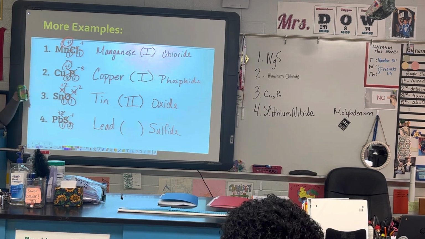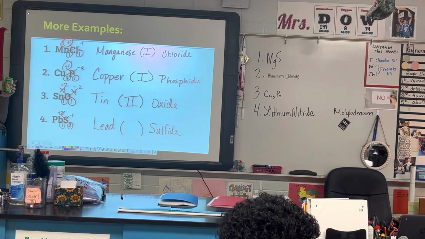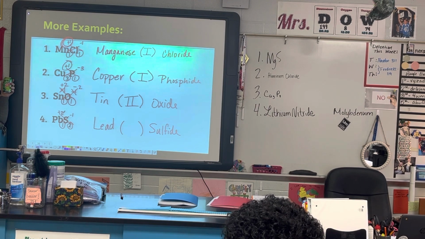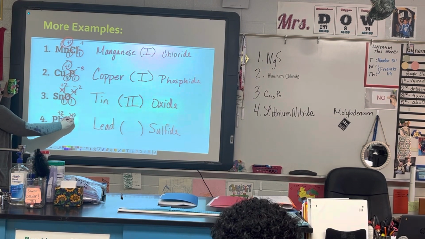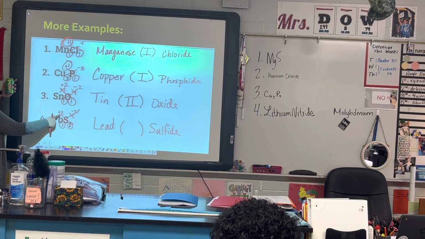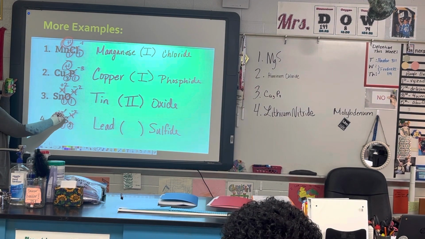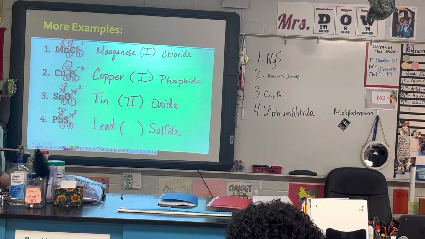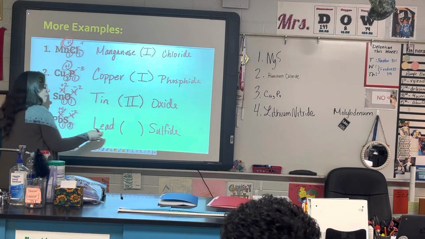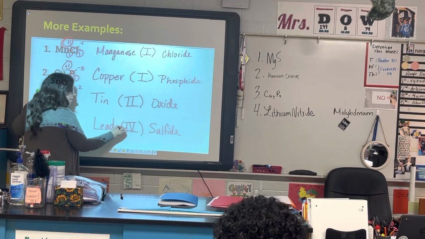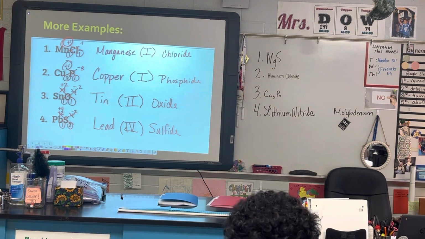Is sulfur a -1? Nope, what's its charge? -2. So if I double this one, what do I have to do to this one? Double it, and what's it become? 4. So this is lead what? 4. Sulfide. Lead(IV) sulfide.